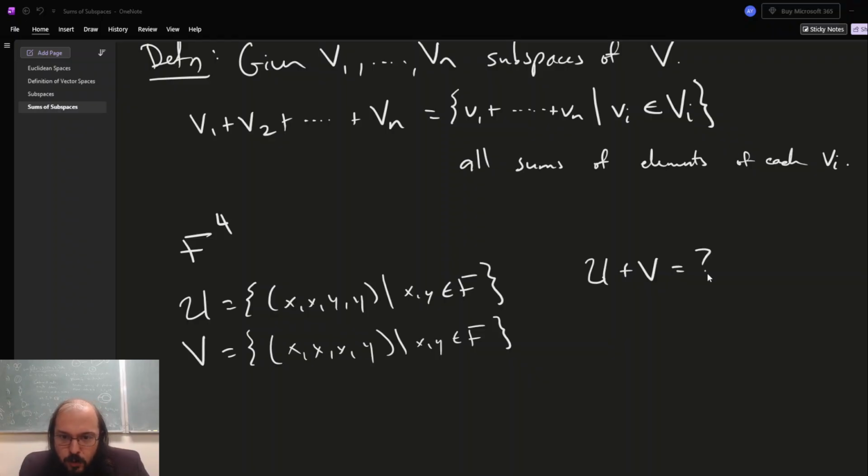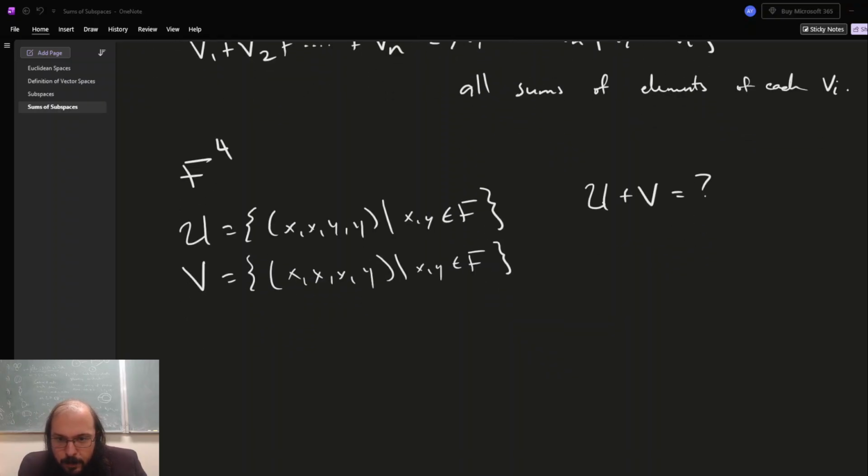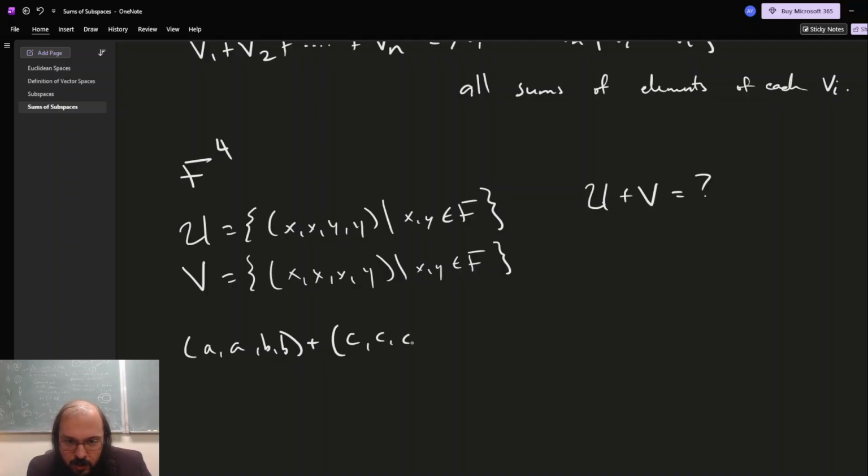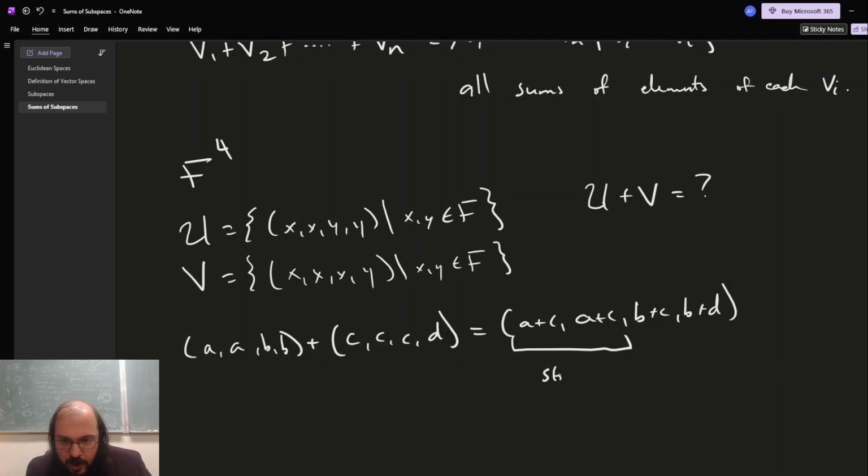Can I describe U plus V? The easiest way to do that is to start by just picking some elements and trying to add them and see what you notice. So maybe if I take an element of U, (a, a, b, b), and then I add it to an element of V, (c, c, c, d), what do I get? I get (a plus c, a plus c, b plus c, b plus d). So these two are still the same.